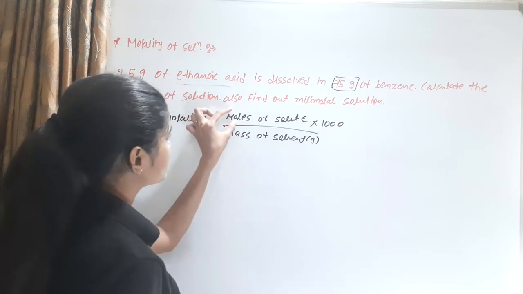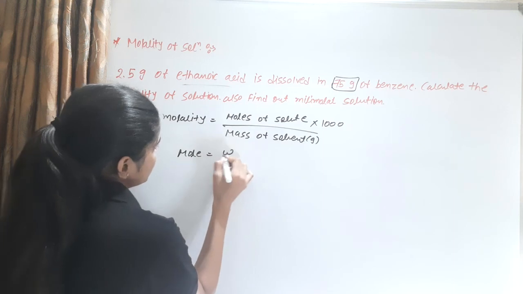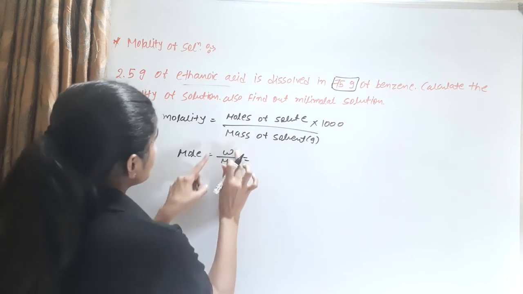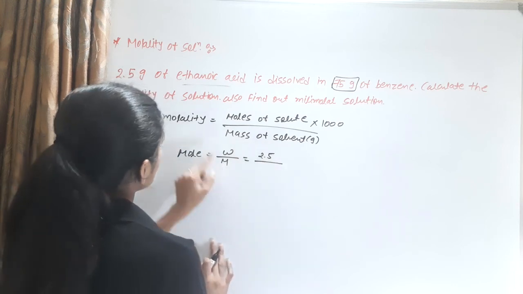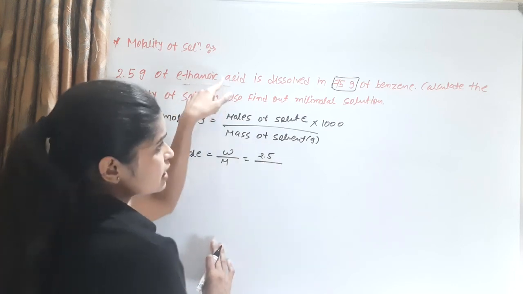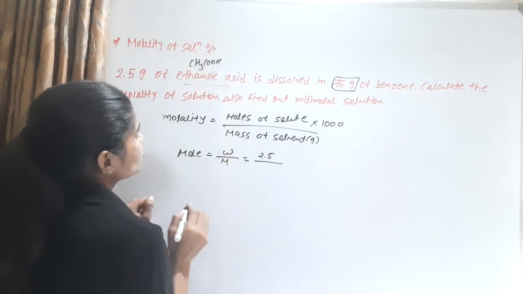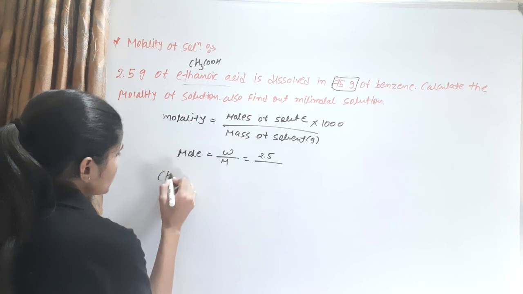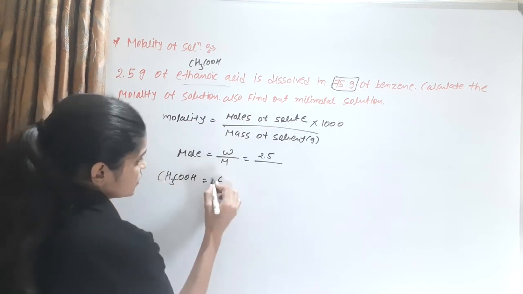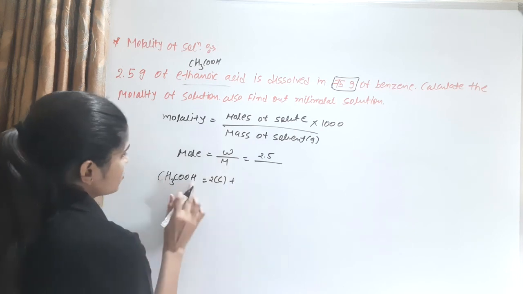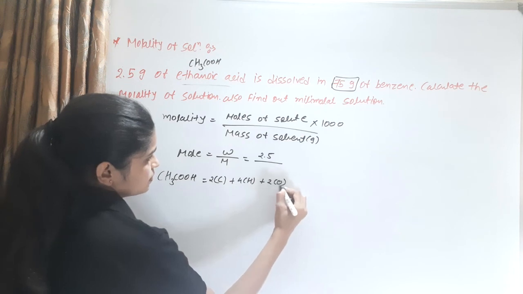First we find the moles of solute. Mole is equal to weight upon molecular mass. The weight given is 2.5 gram, and the molecular mass we find for ethanoic acid. The ethanoic acid formula is CH3COOH. How to find the molecular mass? C2 means 2 multiplied with C, and 4 H, 4 hydrogen, plus 2 oxygen.